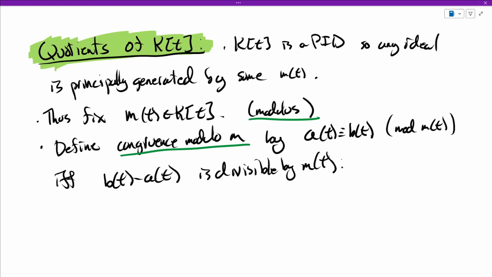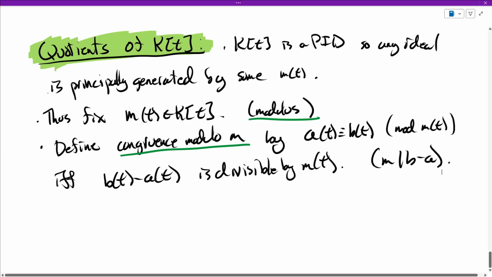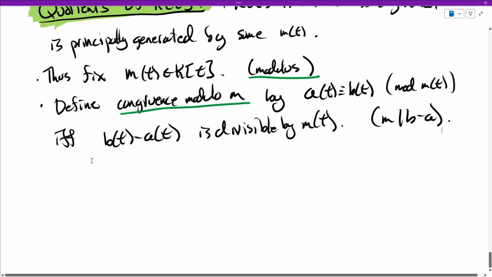That is, m is a factor of b of t minus a of t, or m divides b minus a. So if you look at the definition of congruence modulo a natural number in Z, it's the same exact definition. Okay? We just copy and paste it directly over. Right? So this is not new, which shouldn't be new.